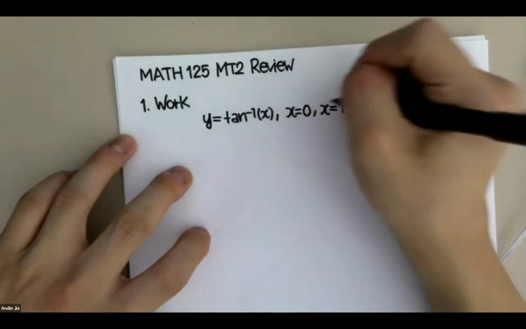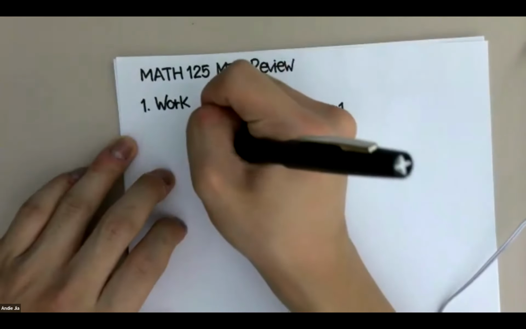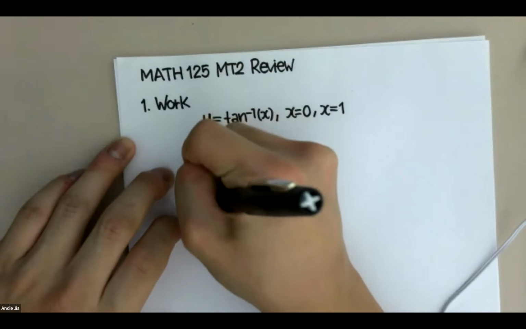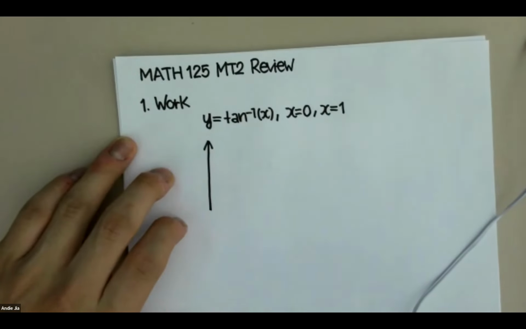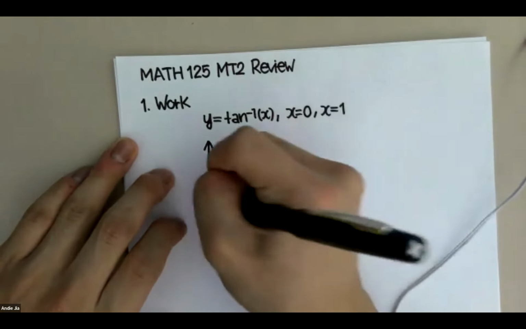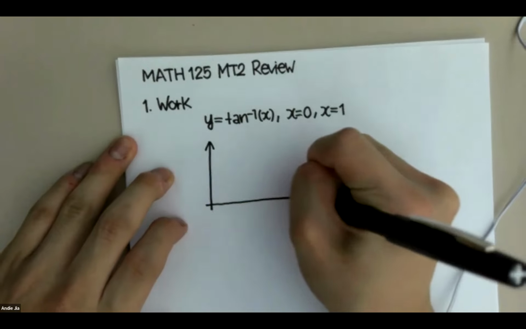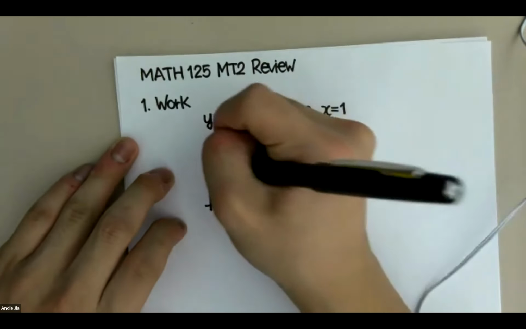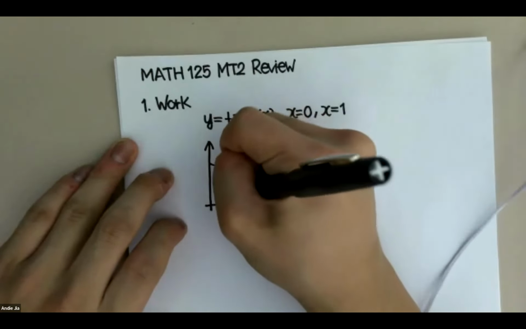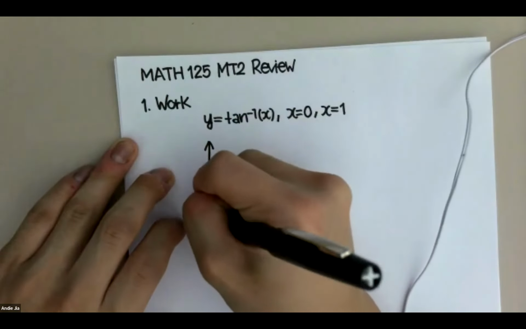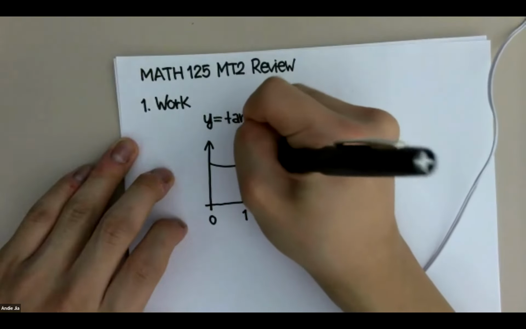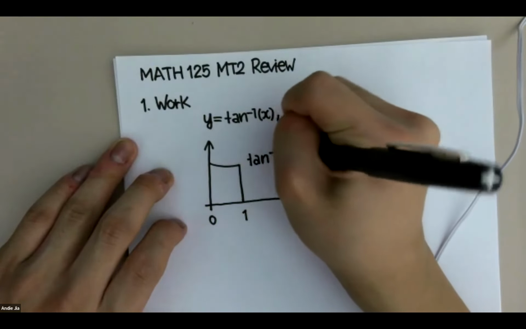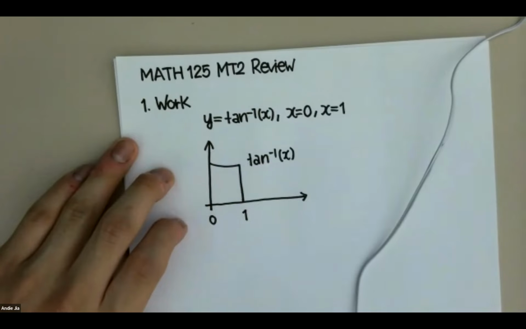Okay, so it goes from 0 to 1. So we just sketch the region, and it looks like this, from 0 to 1, and this is arctangent, and it is rotating about the y-axis.